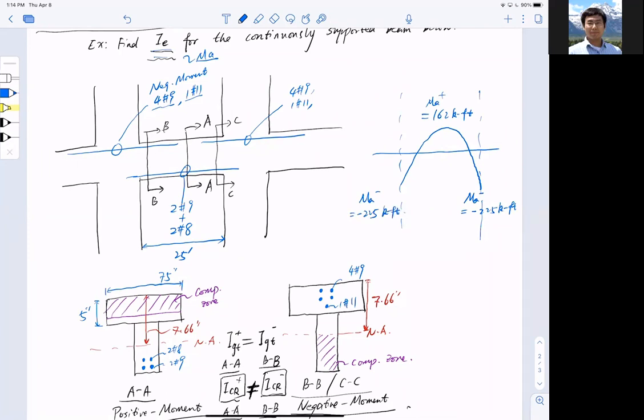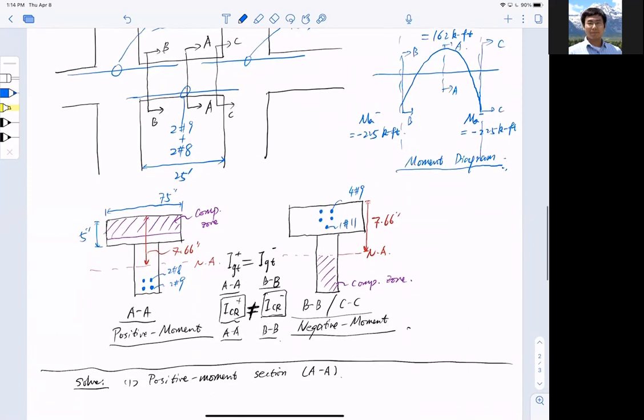Realizing that the applied moments are different in the middle span, this is AA, this is BB, and this is CC. So they're different. All right, so this is my moment diagram.